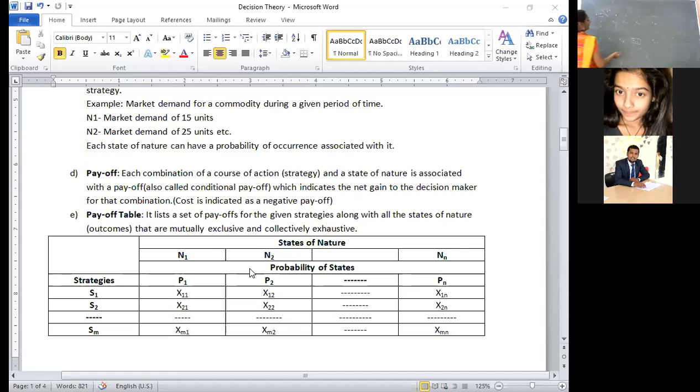Whenever you are dealing with the corresponding cost, this is C11, C12, C1j, C1n, and this is Cij. That's why in the mathematical model of the transportation problem we wrote optimize Z equal to the sum of Cij into Xij, subject to the constraints Ax equal to B, then it is a transportation problem.